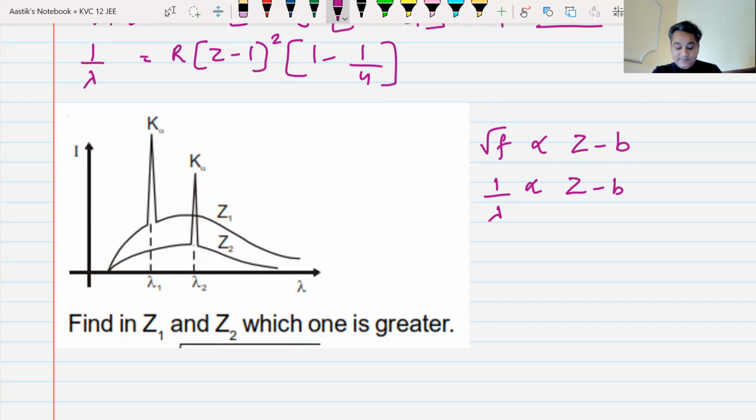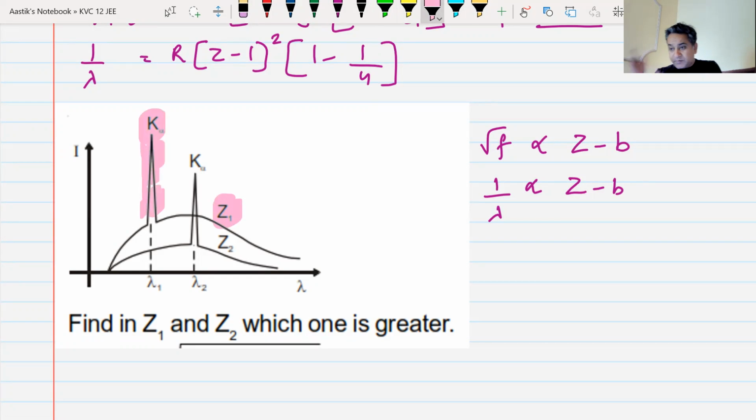For K alpha series, the metal with more atomic mass will have less lambda.